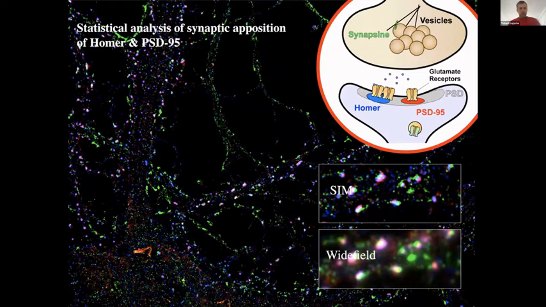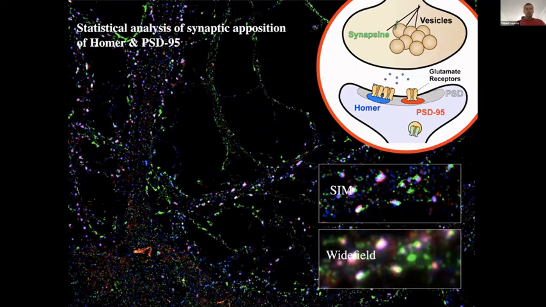Just a remark: you can observe that the big spots seen in wide field are clearly refined in structured illumination. But more than this, we can see small spots with structured illumination that could not be seen in wide field. This is also something interesting here.